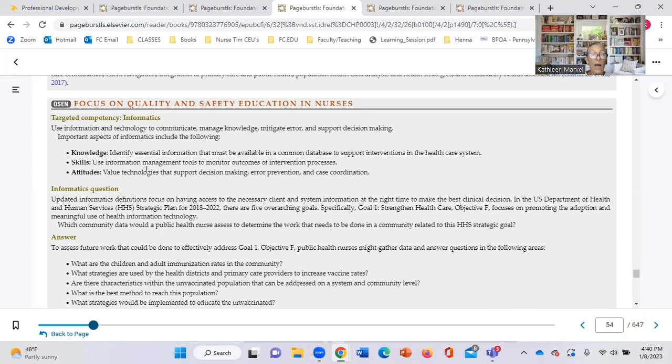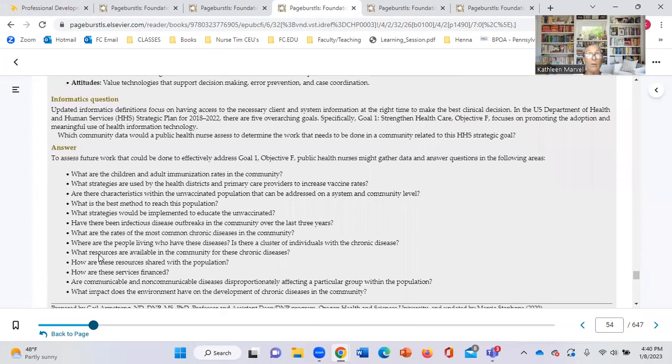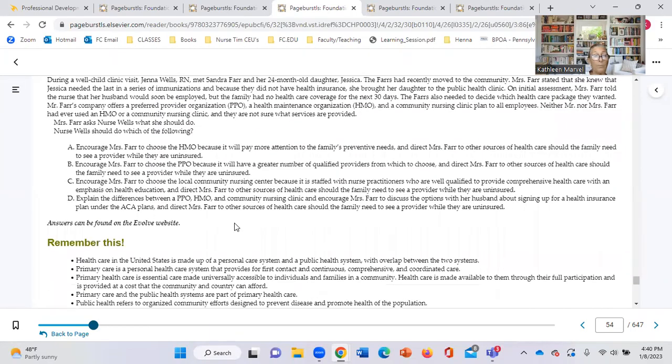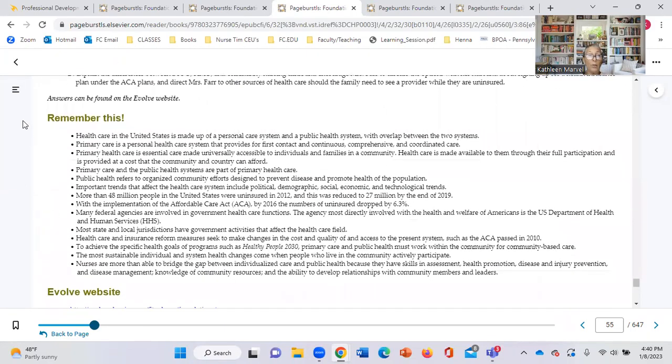Attitudes: value technology that supports decision-making, error prevention, and care coordination. This is really good knowledge to become familiar with these 6 core competencies. Then it gives you a question and the answer, something to think about regarding the informatics competency related to this chapter. And then you get down to your Remember This, usually the most important bullet points from this chapter.